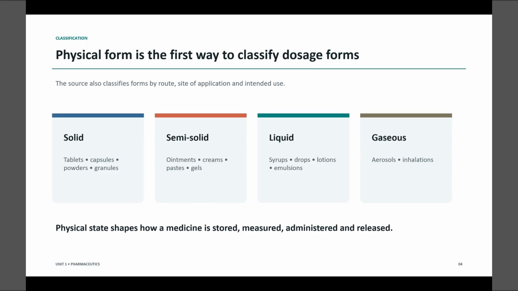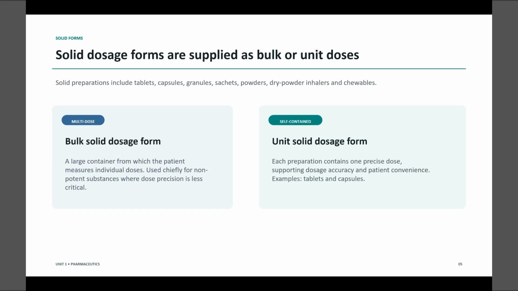We are designing our dosage pattern. In solid dosage form, we supply either as bulk or unit doses. Bulk solid dosage form is a multi-dose preparation of finely divided drug or chemicals in a dry, loose solid form, supplied in a large container from which the patient measures their individual dose.